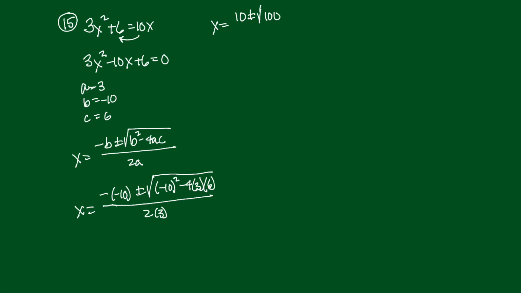So this is minus 72 all over 2 times 3, which is 6. Moving on, we'll get x equals 10 plus or minus the square root of, now 100 minus 72 is 28, all over 6.